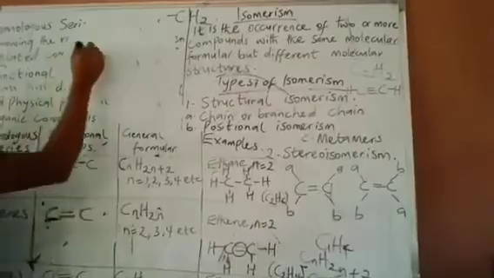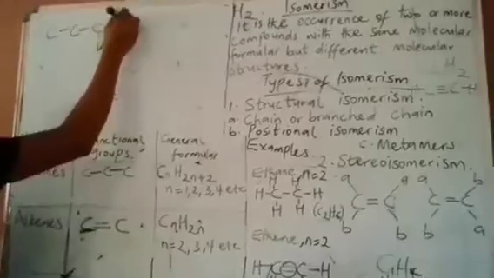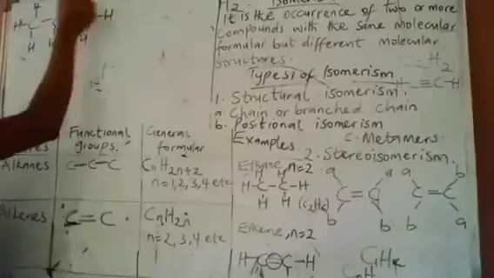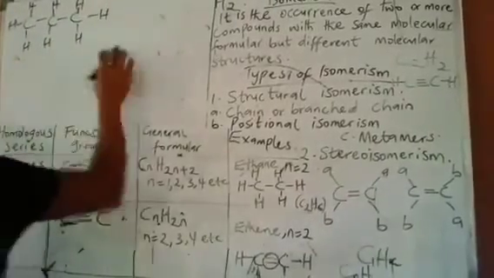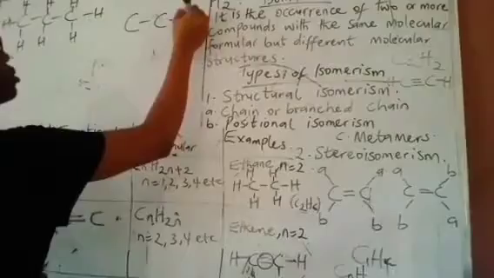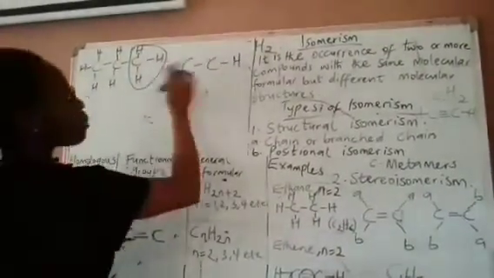Assuming we have this, let's show that of structural isomerism. Assuming we have something like, let's make it of an alkane. Let's use the propane. 3 carbon. 1, 2, 3. 1, 2, 3. And we have this. Now this is just a straight chain. Now this particular propane can still become in another form, with just two carbon. Now this part of the structure can just come to any of the parts.